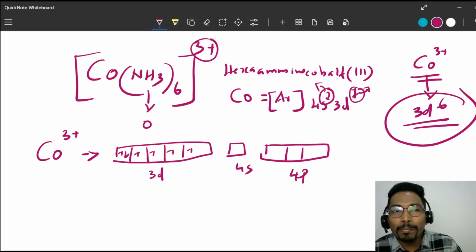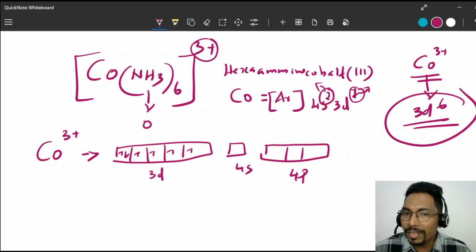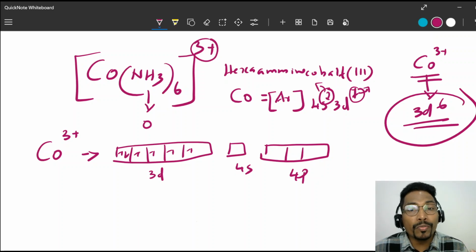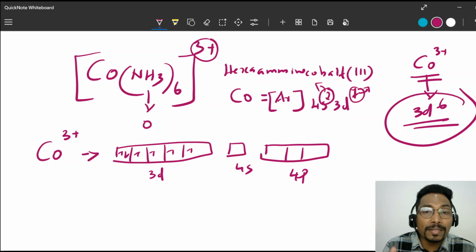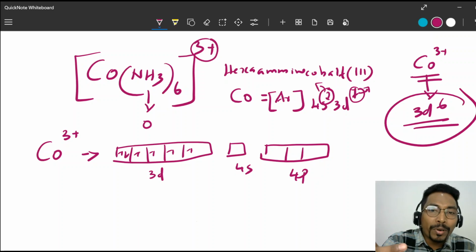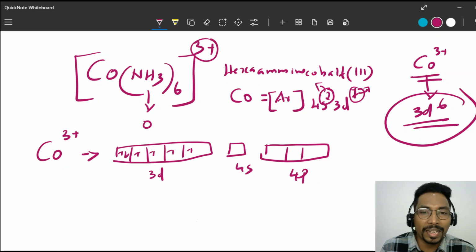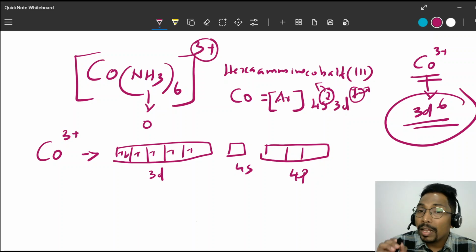A ligand must contain at least a lone pair of electrons. Ammonia is a monodentate ligand, meaning it can coordinate with the central metal atom with one coordinate bond. So 6 ammonia ligands means 6 pairs of electrons are coming. Clear? So the central metal atom should provide 6 free orbitals to accommodate the electrons of the incoming ligands.